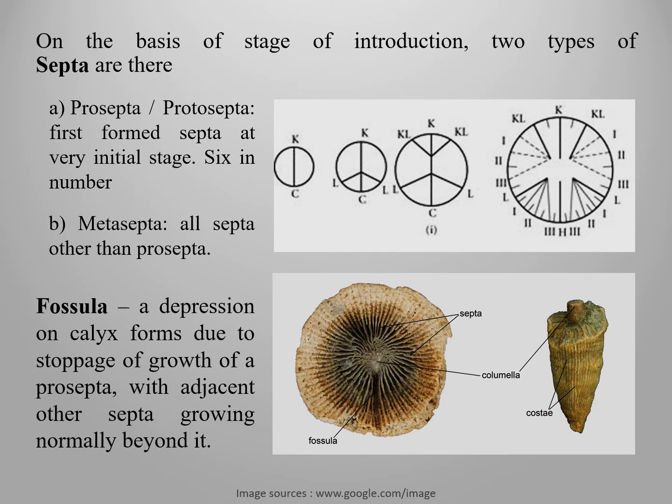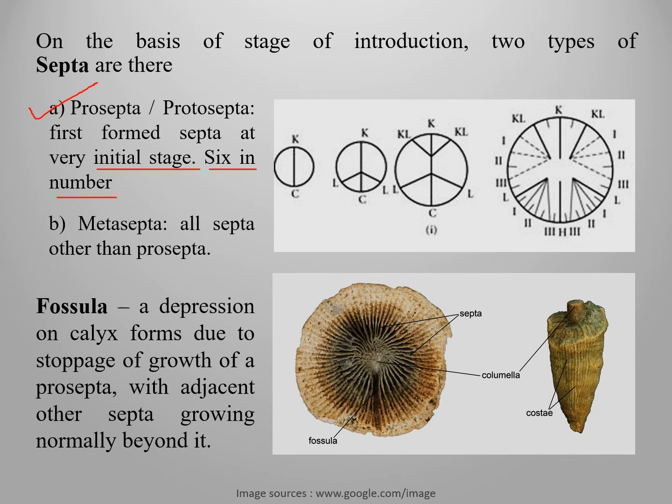Now, the septa within each corallite occur at different stages of their lifespan. At the earlier, juvenile stage, all the septa formed are known as prosepta. These prosepta occur at the very initial stage of the corallite, and generally they are six in number. Depending on their positions, they are differently named.